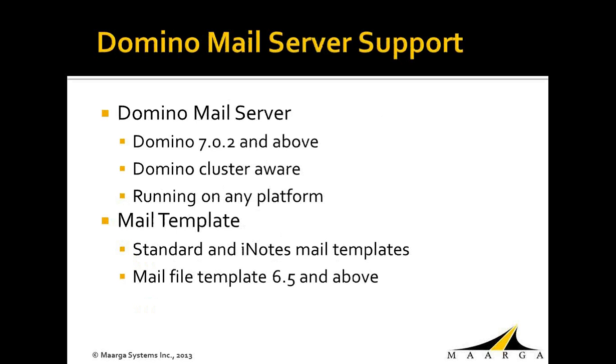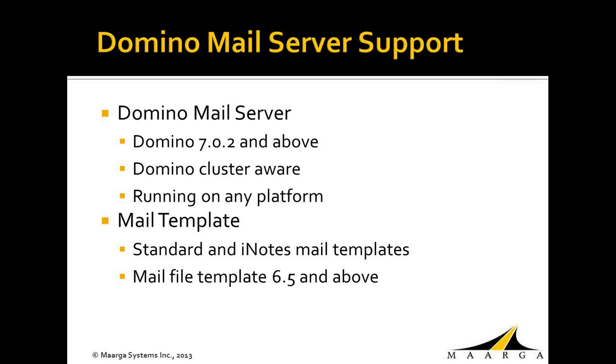And Traveler server, as we have seen before, the Traveler component and the Domino have to be on the same version, but your Domino mail server can be of any version above 7.0.2. So your Domino and Traveler server can be on version 9, but your production mail server can be of 8 or even 7.0.2.